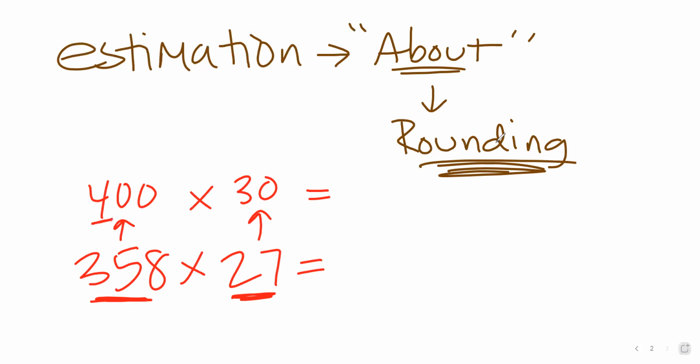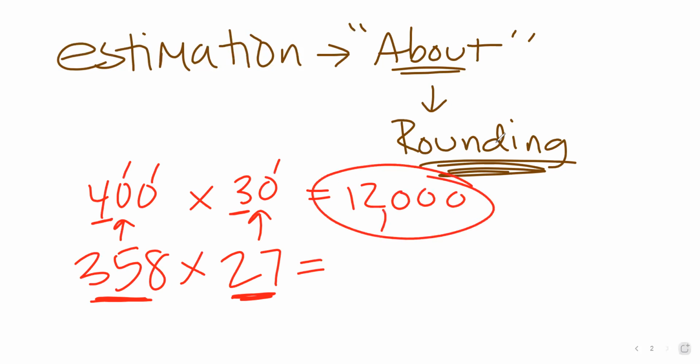And I can say, oh, well, 4 times 3 is 12, and then 1, 2, 3 zeros. So my answer is about 12,000. That worked really well with multiplication. In the division standpoint of things, this changes. So that's what we really want to look at. We need to understand this skill and use this as a foundation, but it is not as straightforward. So let's actually talk about that.